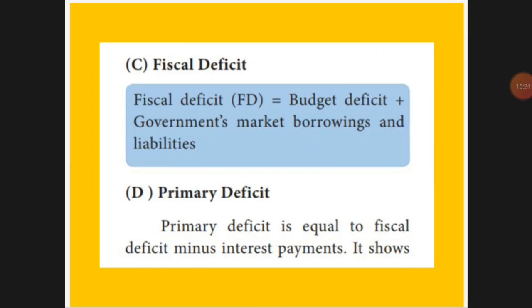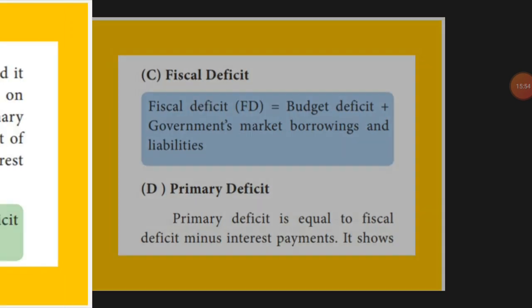Next is the fiscal deficit. Fiscal deficit means the budget deficit, the previous one, plus government market borrowings and liabilities. Borrowings, loans that have been borrowed, will also be included. Next, primary deficit equals fiscal deficit minus interest payment. As I said, already borrowed loans mean the interest payment has to be made. It is a real burden on the government.